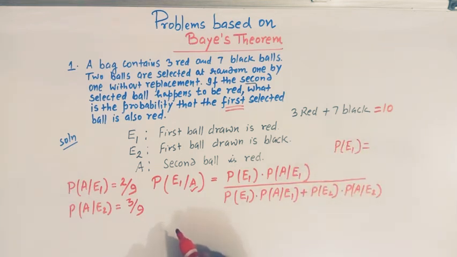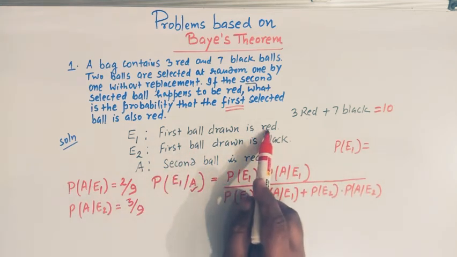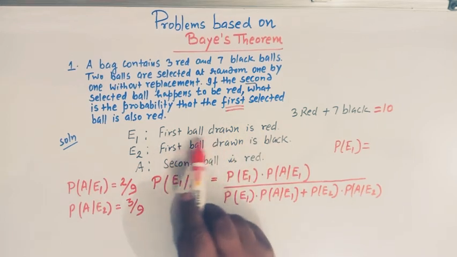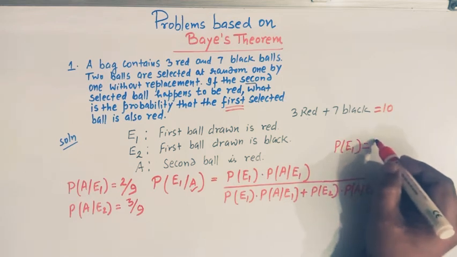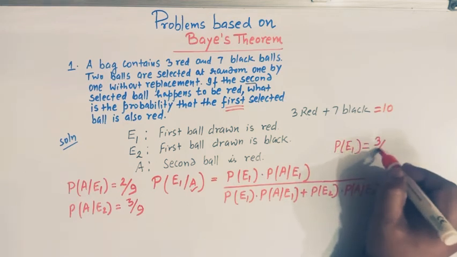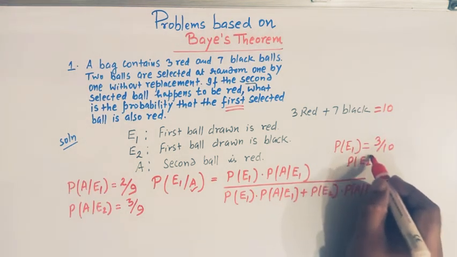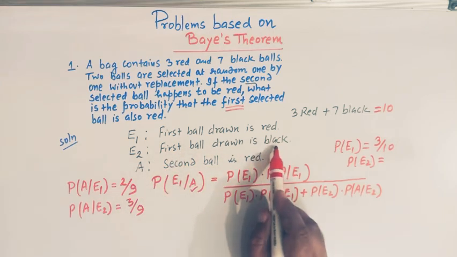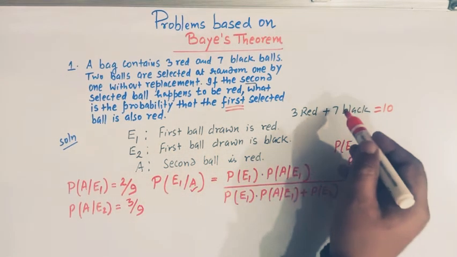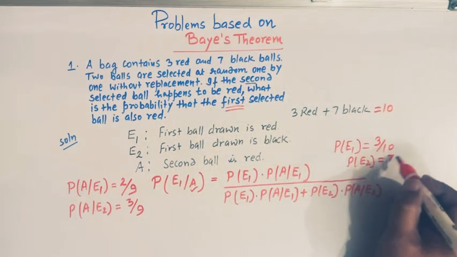P(E1) is the probability of drawing a red ball in the first draw, so this is simply 3 by 10, and P(E2) is the probability of getting a black ball in the first draw. The total number of black balls is 7, so we have 7 by 10.